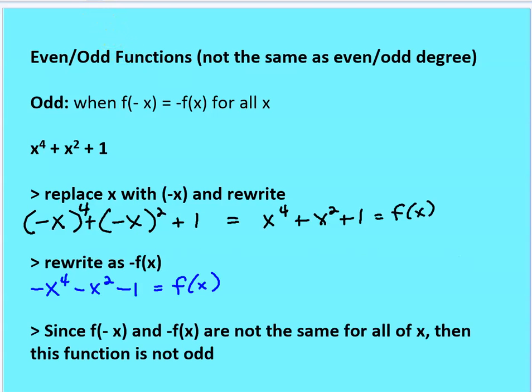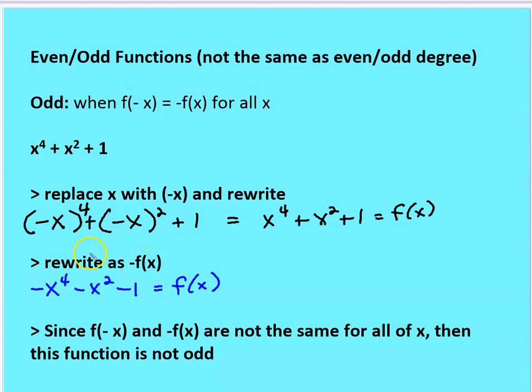All right, odd function, when I can say that f of negative x is the same as negative f of x for all x. I have 2 steps here. I'm going to replace x with negative x and rewrite it. And so you can see I end up with x to the 4th plus x squared plus 1. And then I'm going to rewrite as negative f of x.